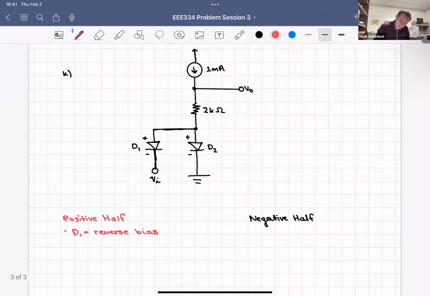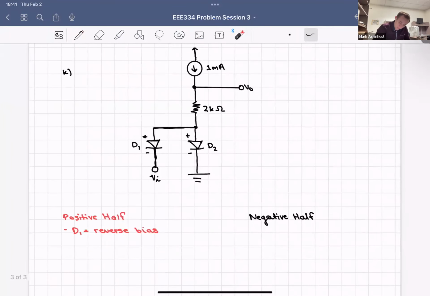So we've just found out that V input isn't going to have an influence on V out, but this 1 milliamp will. And to figure that out, we would just use Ohm's law. And we know that Ohm's law is V equals IR. So in this case, we have the 2 kilo ohm, and we have the 1 milliamp through the 2K.